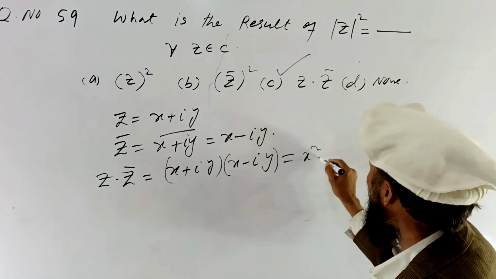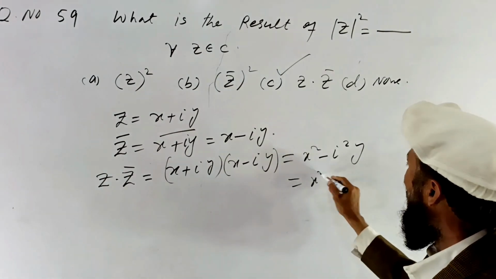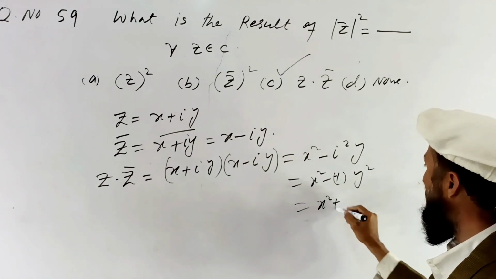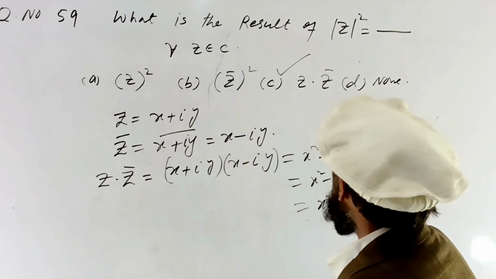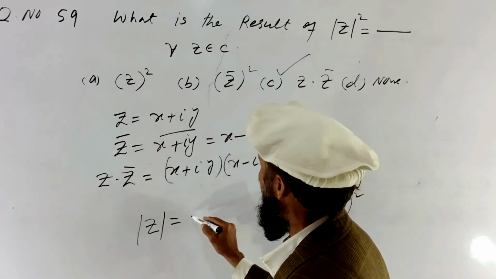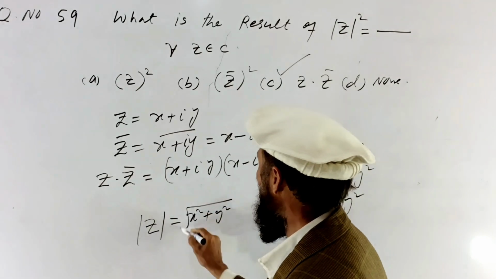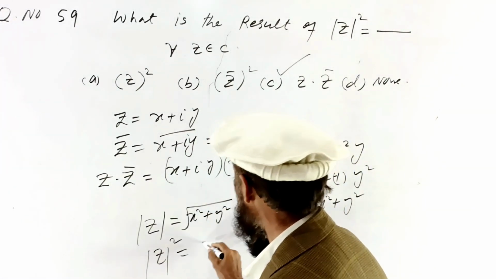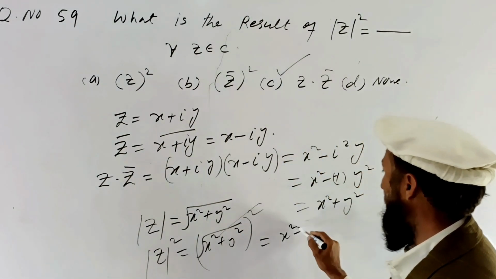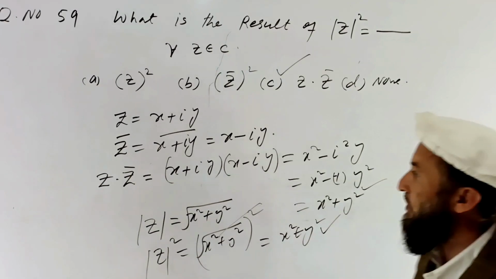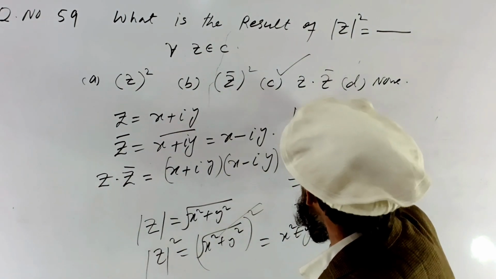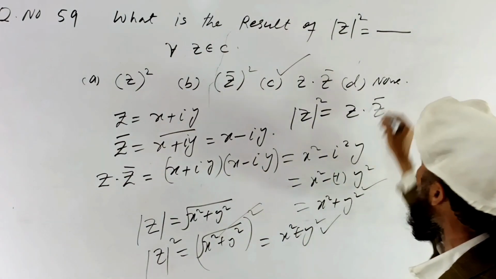The result will be x square minus iota square y square, which is x square minus minus 1 into y square, equal to x square plus y square. So if we find z absolute, the result will be the square root of x square plus y square. If we take the square on both sides, the square root and square cancel, and the result will be x square plus y square, so the result is the same. So this property is satisfied. Z bar whole square is equal to what? Z into z bar.